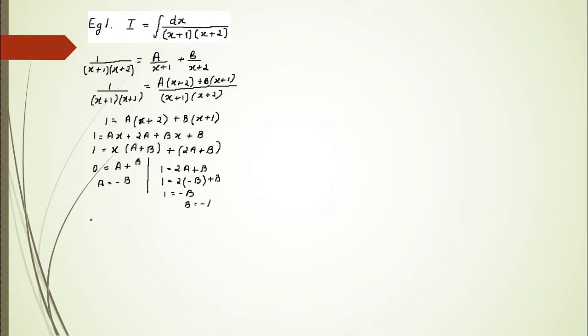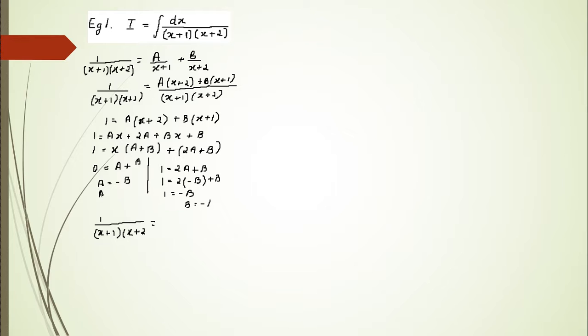Therefore, 1 by x plus 1 into x plus 2 can be written as a by x plus 1 plus b by x plus 2. Here we'll have to find the value of a.